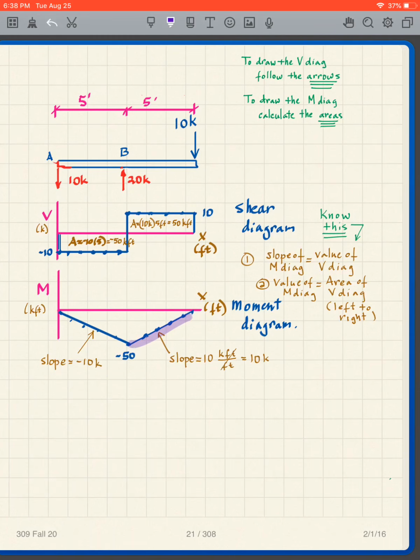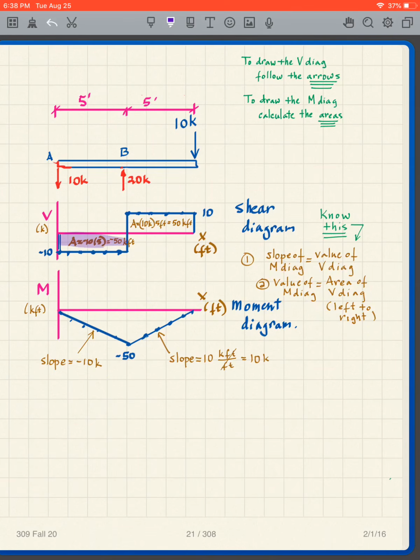The same thing occurs here. What's that slope? That slope, you can see, is a positive slope line. So that's going to be a positive 10. And the shear is positive 10 kips. So again, we see that the slope of the moment diagram is the value of the shear diagram. Then, we've already verified that the value of the moment diagram is equal to the area of the shear diagram working left to right.